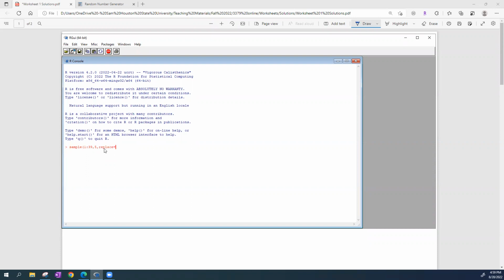Replacement equals true. That means it's possible to see 2 same numbers after we get this sample. Don't forget to close the parentheses, and then we tap enter.